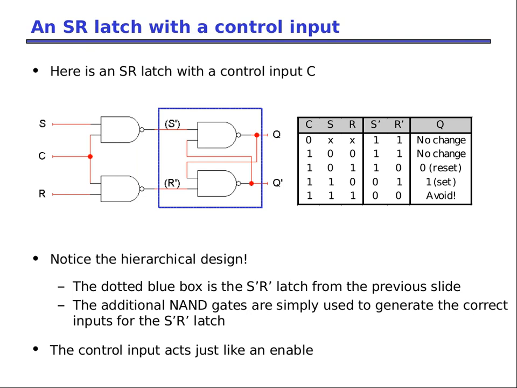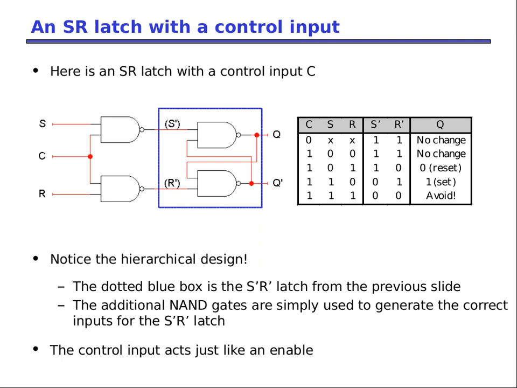So we don't want to have the 1-1 thing ever occur, because everyone's going to be sad. So we're going to try and come up with a way to solve the problem. The first thing we do is an SR latch with control input. Notice in here we have our S-not R-not latch, and then we're adding something before it.